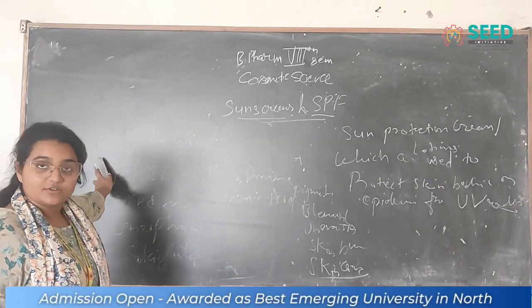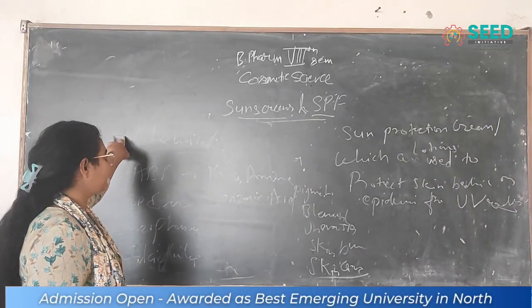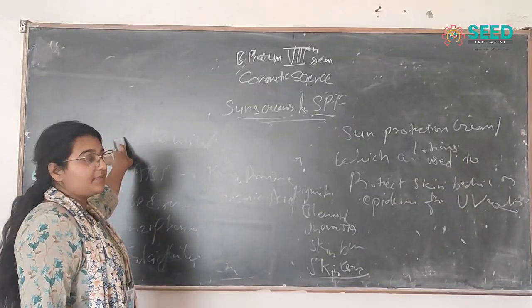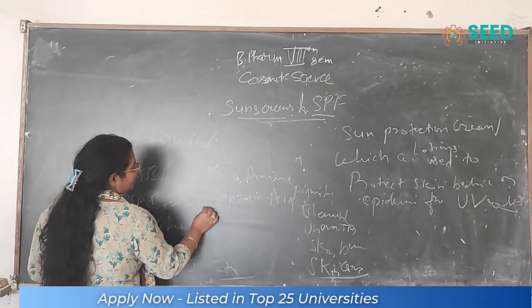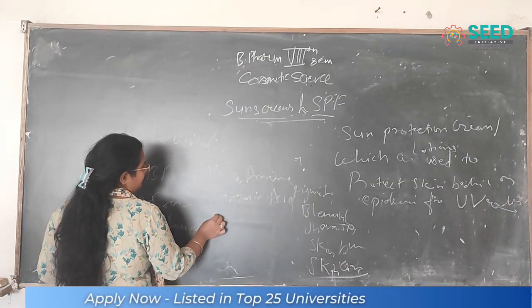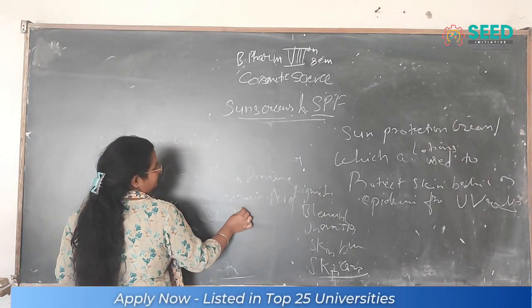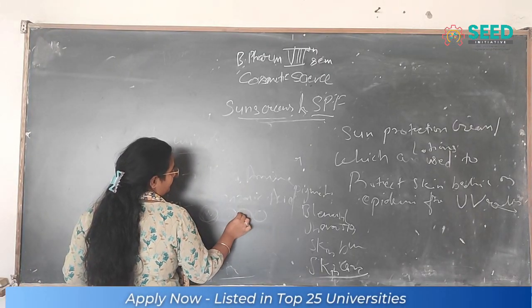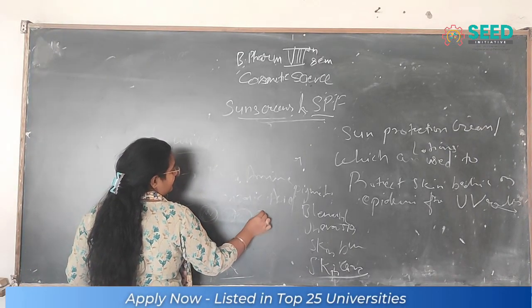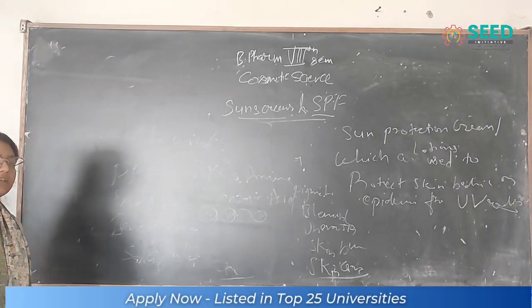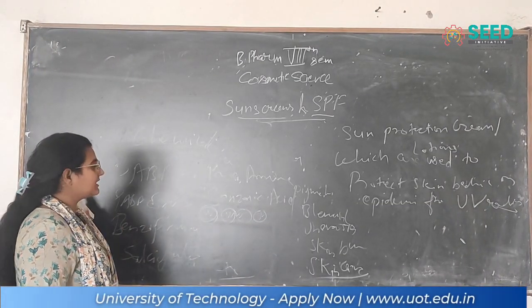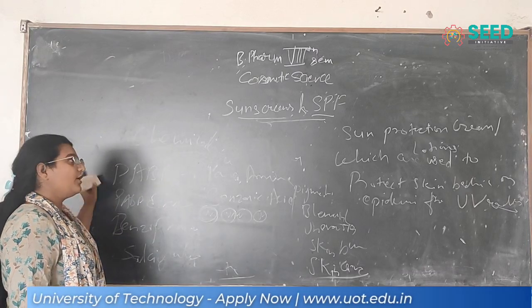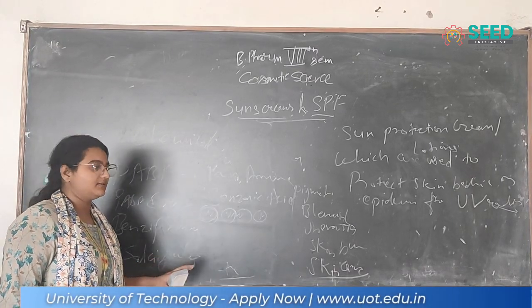They are the most commonly used chemical sunscreen ingredients. They absorb the UV light in their granules, so it does not penetrate the upper layer of the skin and the skin is not destroyed. Okay, so these are the mechanisms of physical and chemical sunscreen.